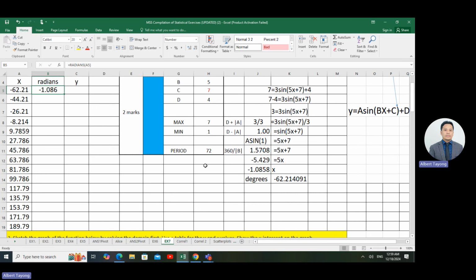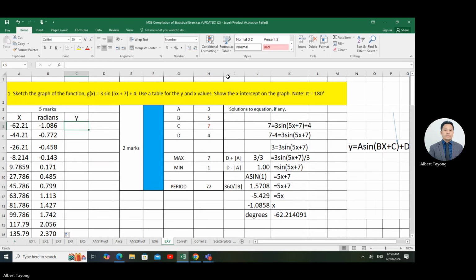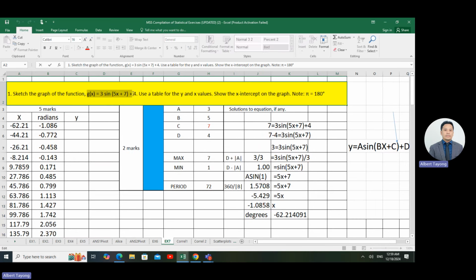If you're going to extend, it will be exactly like this by increasing the values. So why did we change the radians? Because Excel understands only radians. Okay, so next is to solve using the function here.